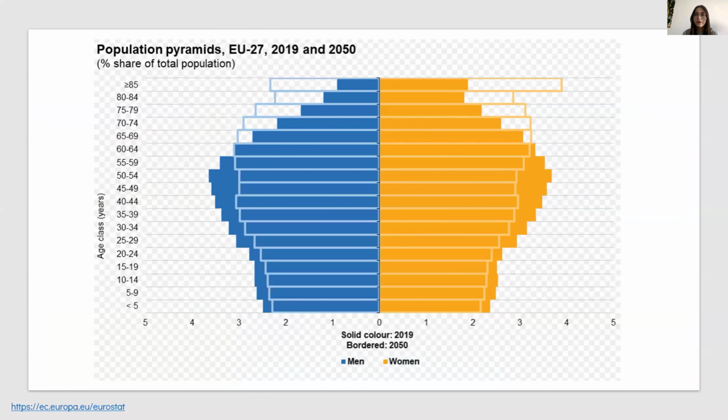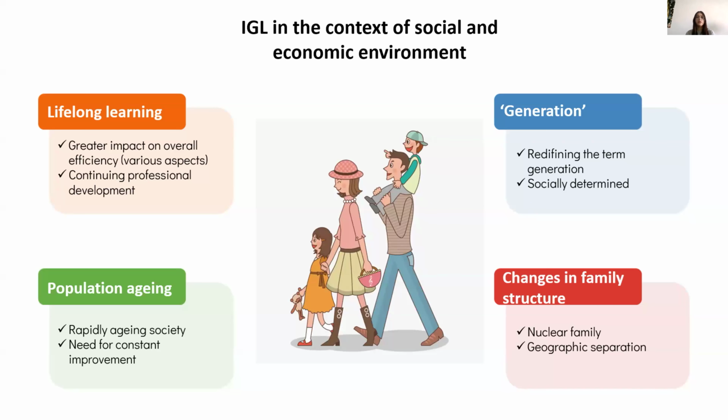As presented here in this graph from Eurostat, it is expected that by 2050, there will be a significantly bigger percentage of older people and a smaller percentage of younger people in comparison to this research, which was conducted in 2019. This fact highlighted the necessity for ongoing improvement among older members of society.